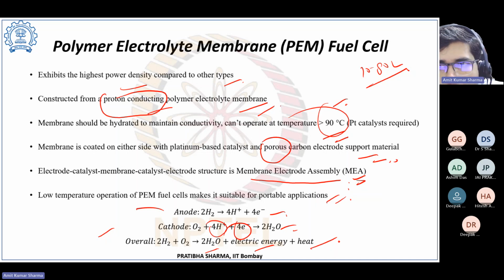Other differences? So what is the input in a fuel cell and what is the input in the electrolyzer?